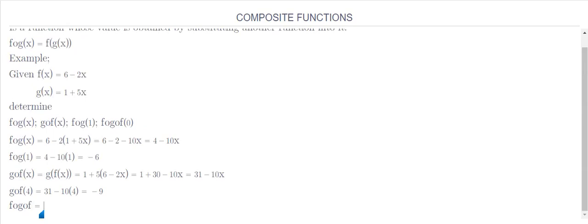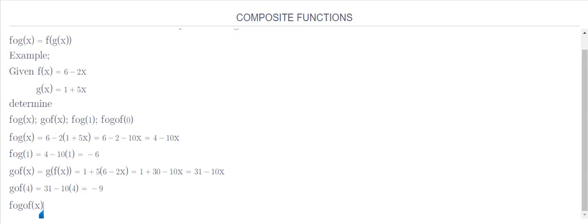So the first thing that you must get here is f of g of f of x, and that is going to be equivalent to, break this into parts. The first part, you start from the innermost going outside. So the first part is g of f. So take f, substitute in g.